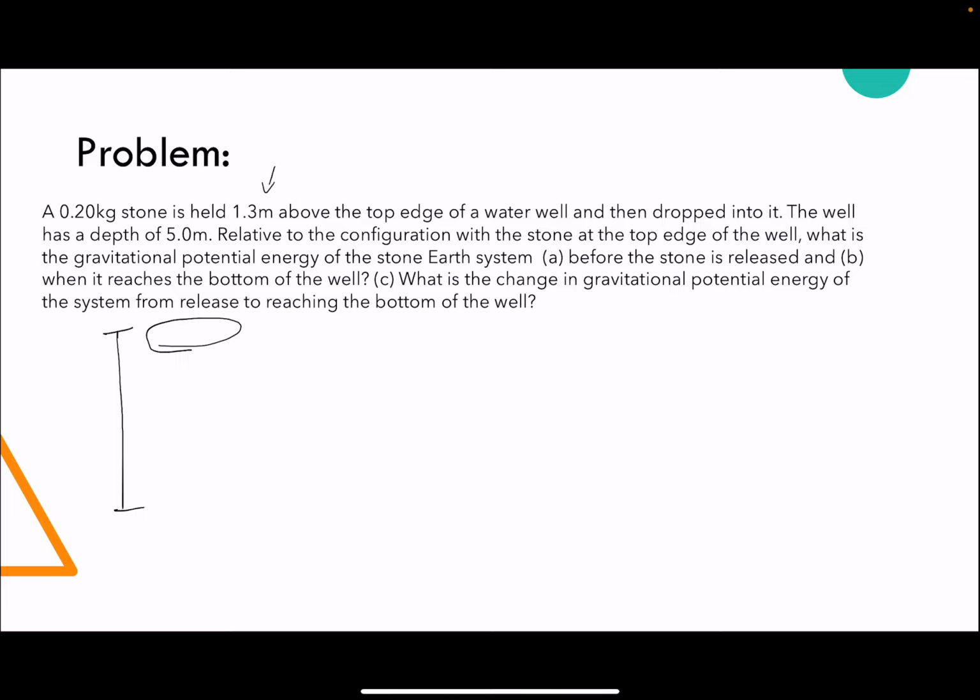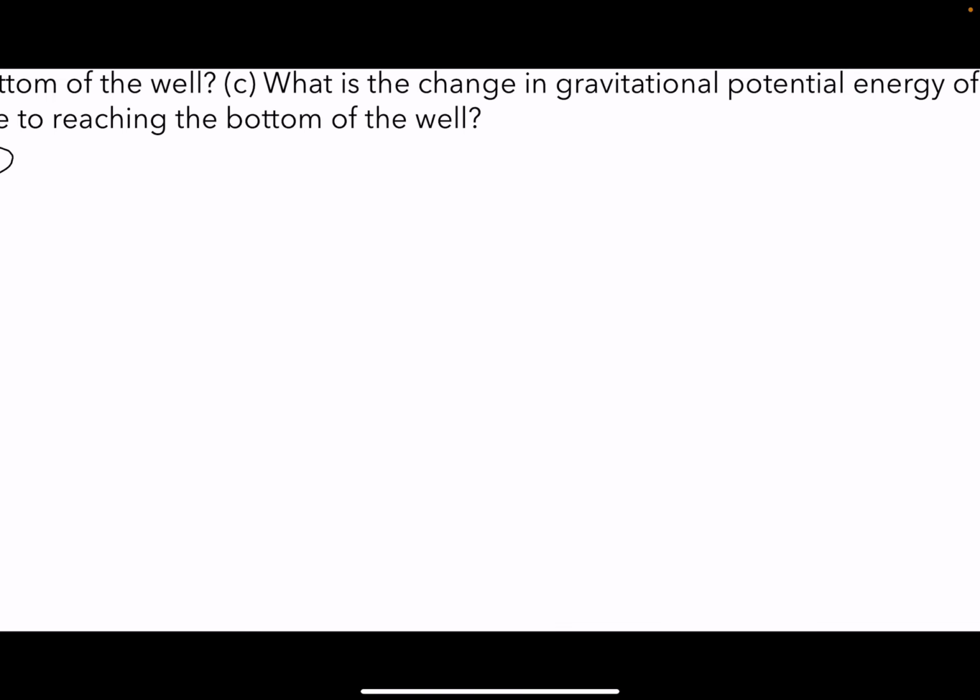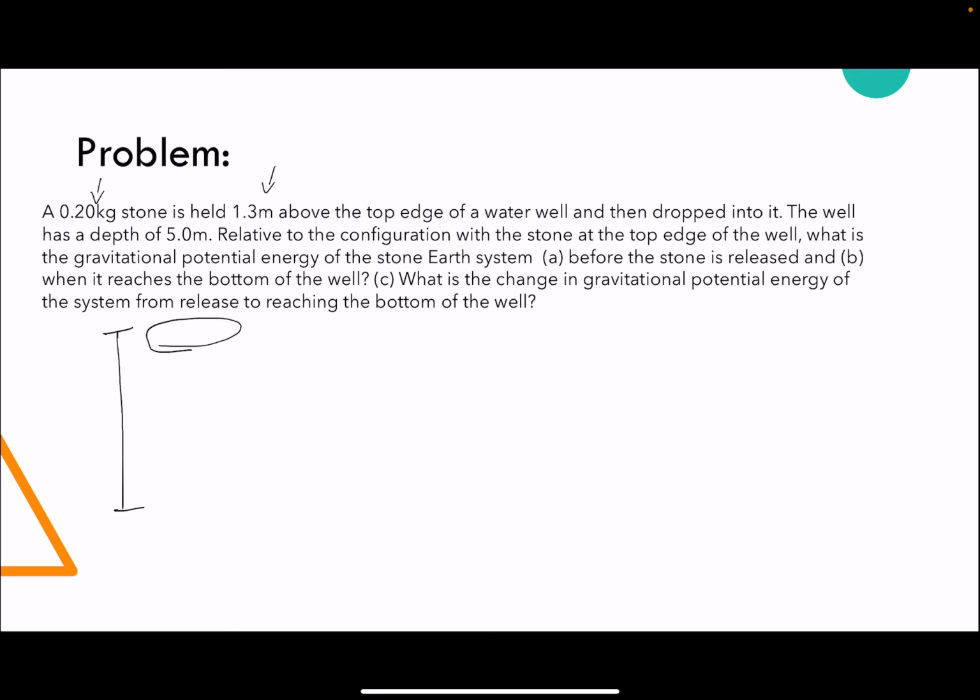I always like to understand what our givens are. And then a depth of 5 meters. So the depth of the well is going to be 5 meters. The well is just right here, and this is our rock.